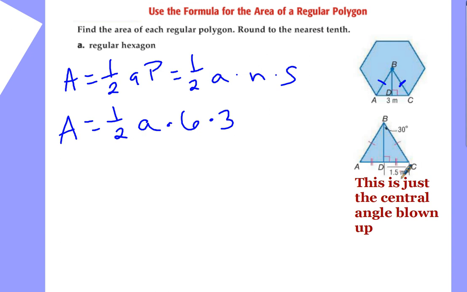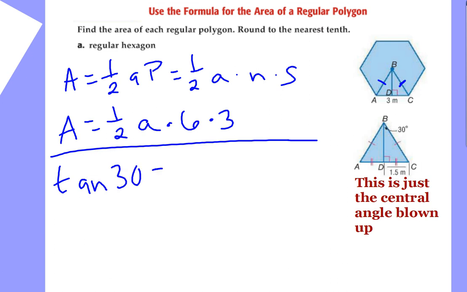So let's think about this. If this is the case, what do we know? Let's go ahead and use our trig functions. All right, I love using trig functions more than anything. So let's use trig functions to try to find this out. The tangent of 30 degrees will be equal to its opposite, 1.5, over the adjacent, which is my apothem.